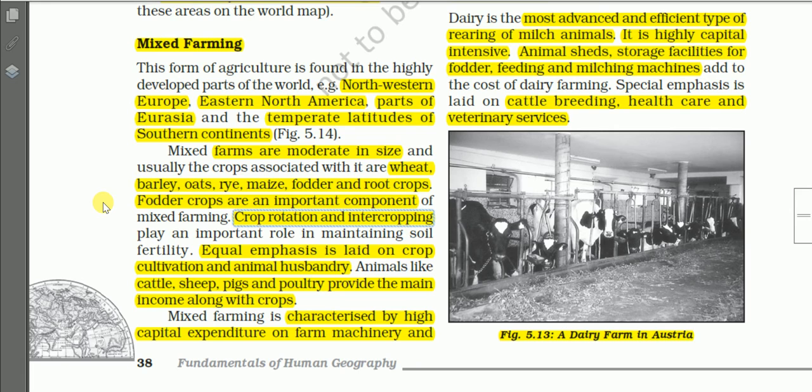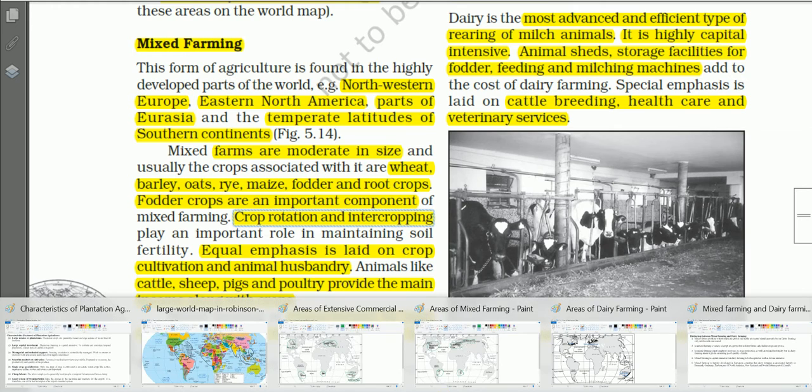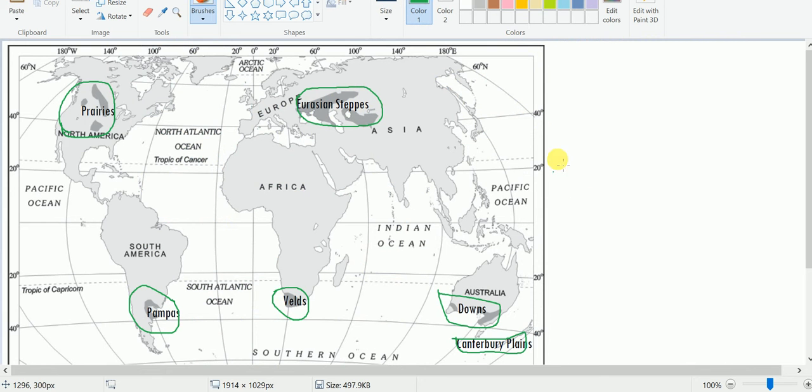What do you mean by intercropping? For crop rotation, for example, this is the agricultural field, and here first we may grow wheat.